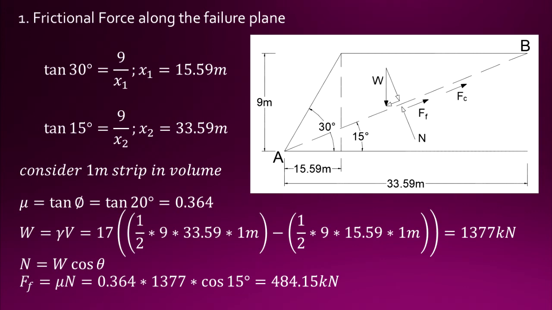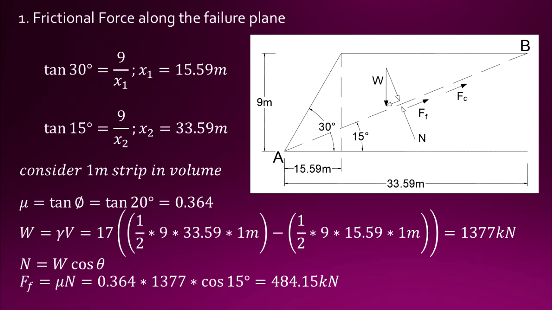So next would be the weight. We could get the weight by having gamma, or a unit weight, multiplied by a volume. And in this case, we should have the weight above the failure plane. So we need to get the volume of the soil above the failure plane AB.